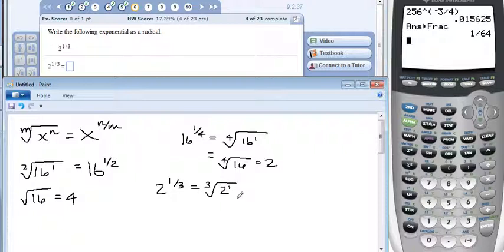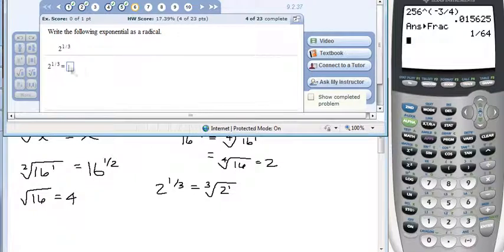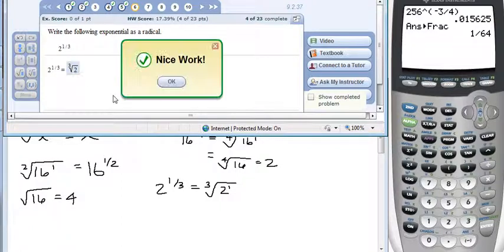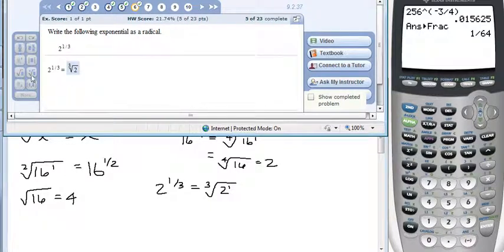Because we really have a 1 there, but we don't write the 1, so that's the cube root of 2. And I don't think it wants you to evaluate it, it just wants you to rewrite it as a radical. Okay, so this is your nth root, so you can put the 3 in there, and then your radicand of 2.